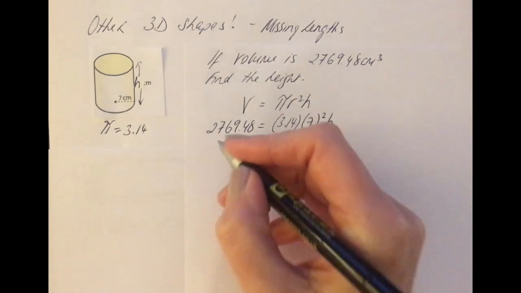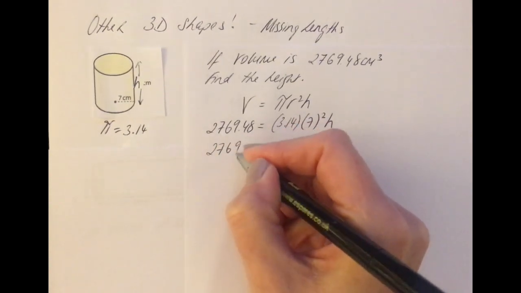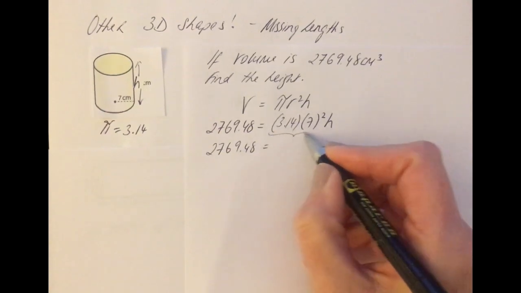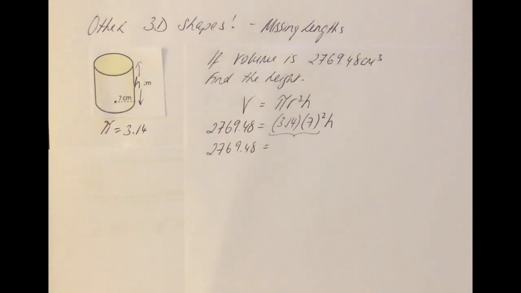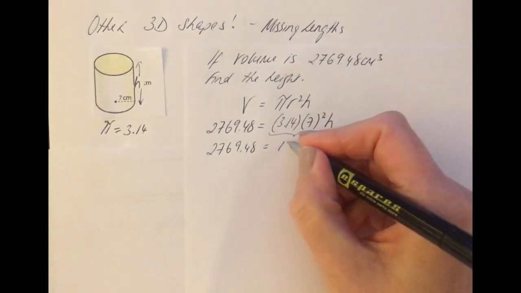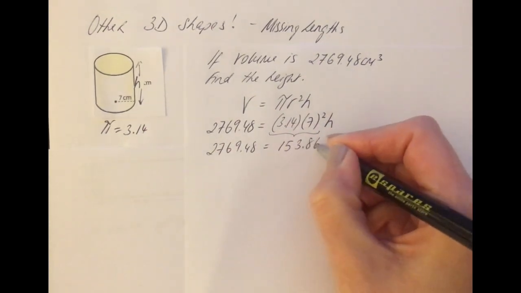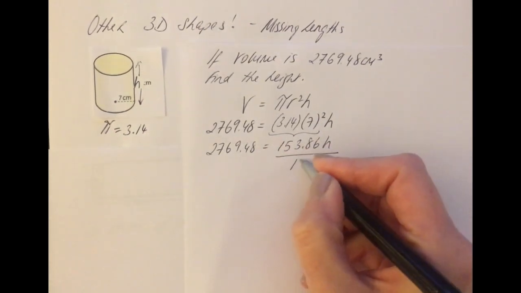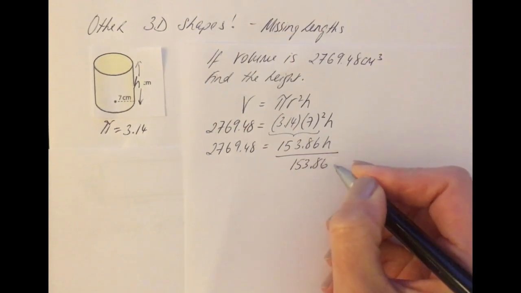Now, let's see, I have 2769.48. You can go ahead and evaluate this bit. So 3.14 times 7 squared works out to be 153.86 times h. Okay, so now to get the h on its own, we'll divide by the 153.86 on the right hand side.